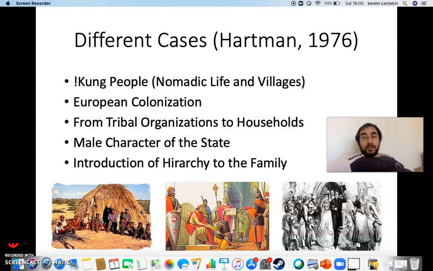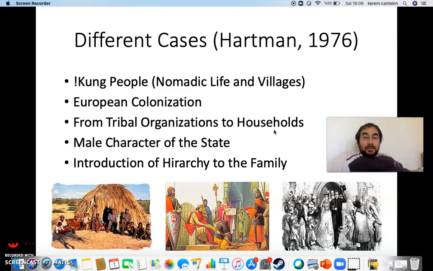And then the same researchers came back years later, and as a result of European colonization, the villages from the traditional African setting had become more like traditional European villages, with houses in which wife, husband, and their children start to live, and they become more connected to the outside world.